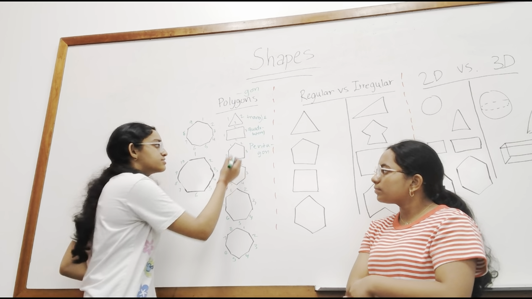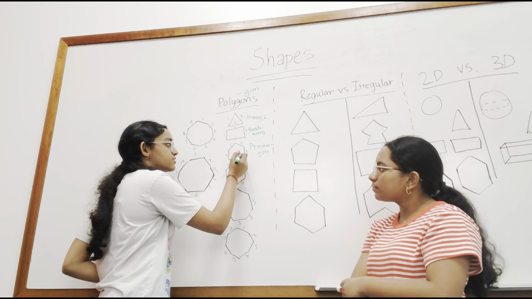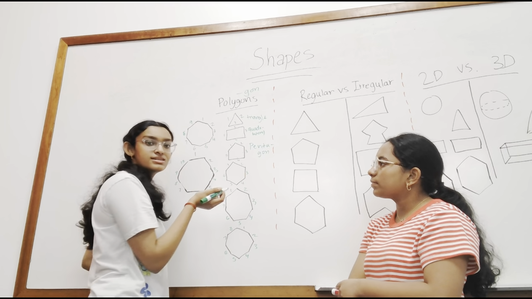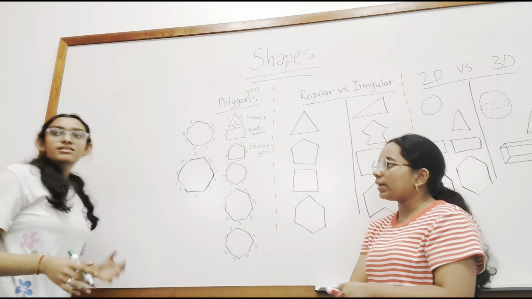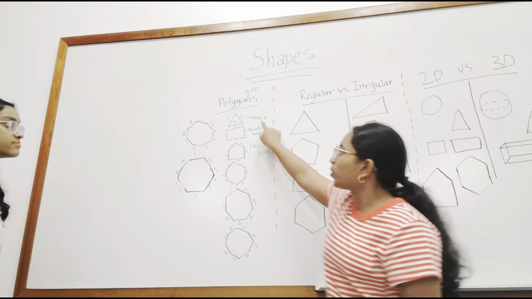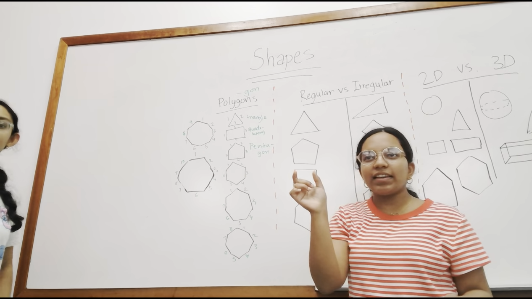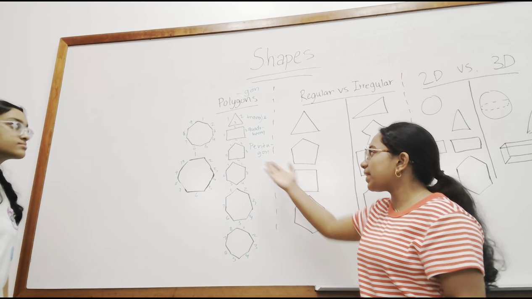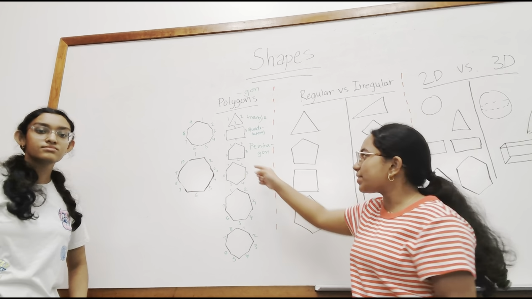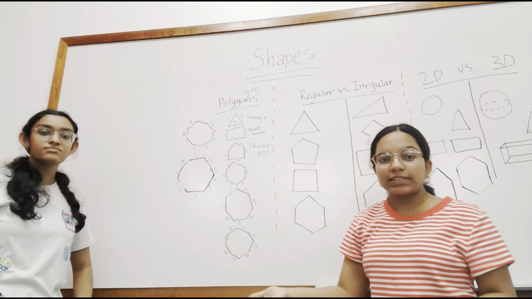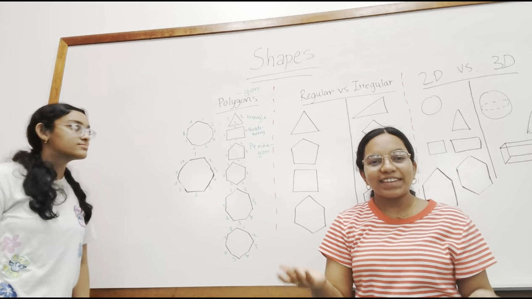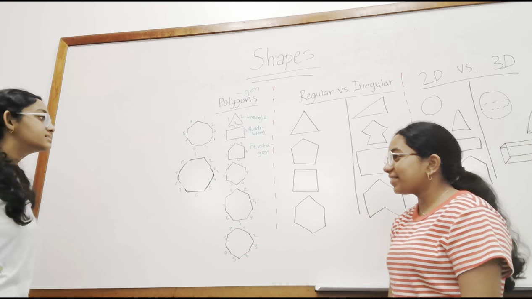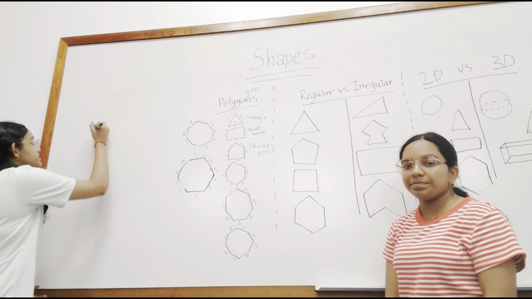Because it has 5 sides. 1, 2, 3, 4, and 5. So 5 means penta, and you can remember gon from polygon. We have gon at the end. So in this case, it would be pentagon because there are 5 sides. Penta and then gon, pentagon. Isn't it easy? And why don't I write it out here for you guys?